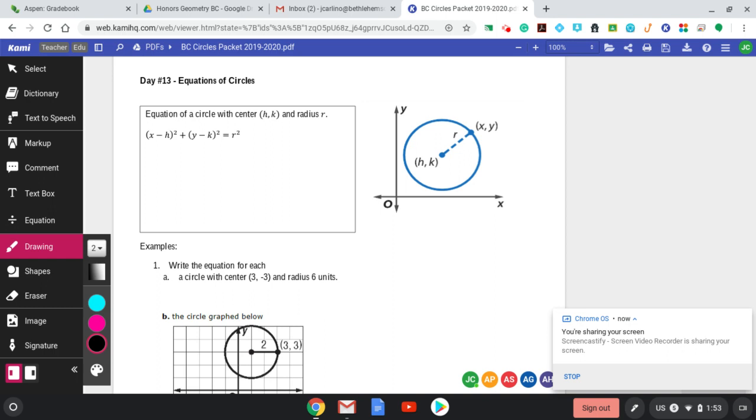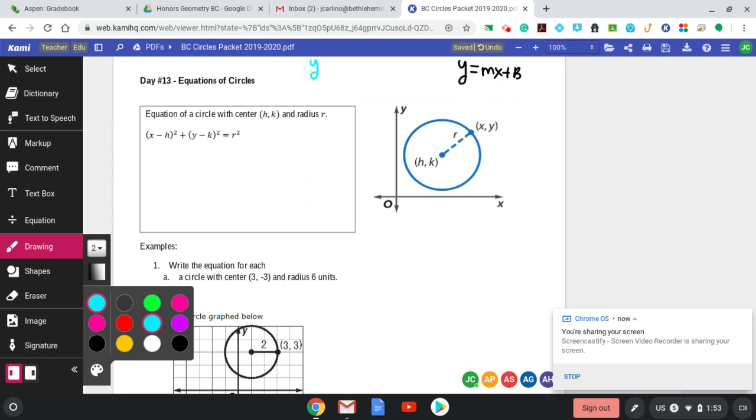Let me just go back to Algebra 1 from last year. You probably had equations like y equals mx plus b, which was the equation of a line. I'm sure you also remember y equals ax squared plus bx plus c, what that graph looked like, or what it was called if you had a squared term.